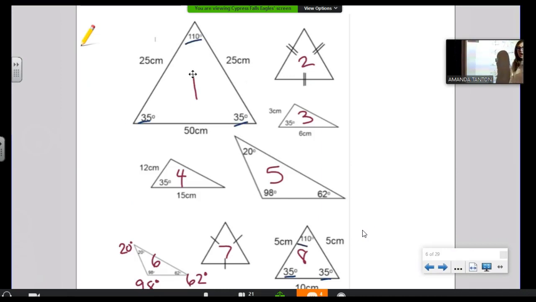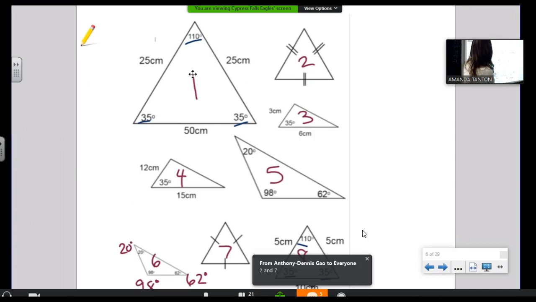Check on the angles. Are the sides proportional? So 25 divided by 5, 5. 25 divided by 5, 5. 50 divided by 10, 5. Okay, so the angles are congruent, the sides are proportional. So triangle 1 is similar to triangle 8.